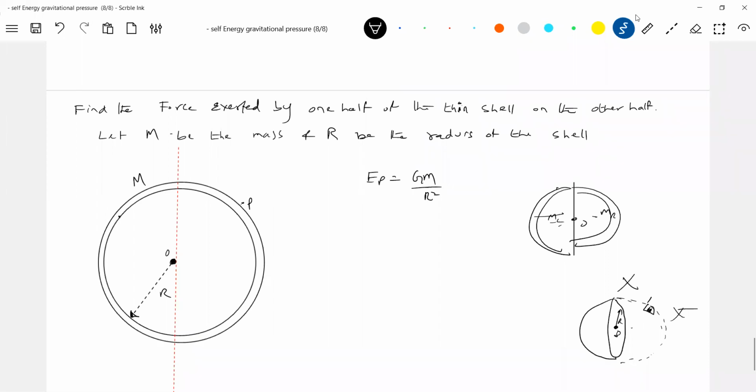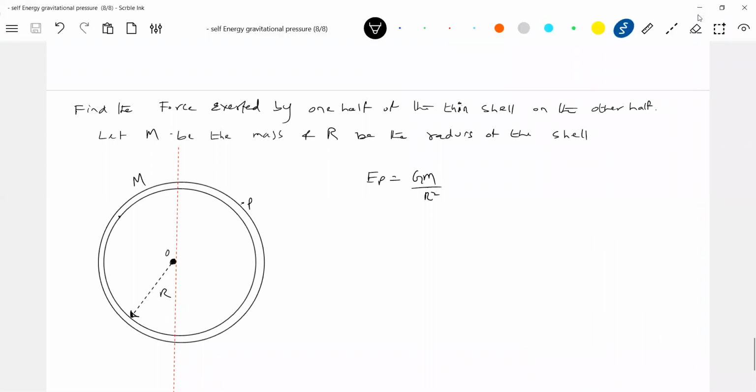In terms of sigma, M is equal to sigma times 4 pi R squared. So it is 4 pi sigma G by R squared. R will not be there, sorry. Yes, 4 pi sigma G. That is the field strength at point P.